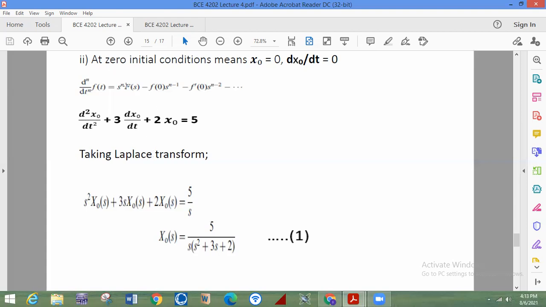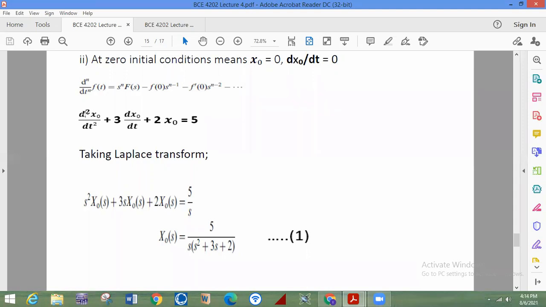The n changes accordingly because, for example, when we applied this property in this term, our n was 2. But when we apply this property in this term, our n becomes 1 because this is the first derivative, this is the second derivative. Okay, thank you.